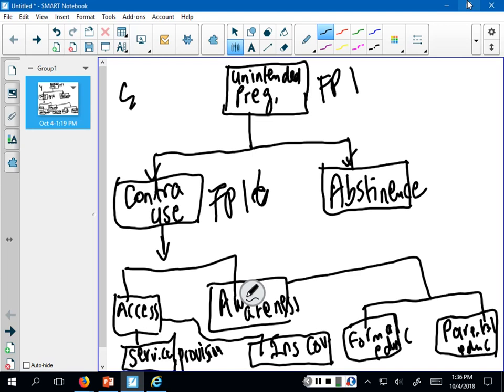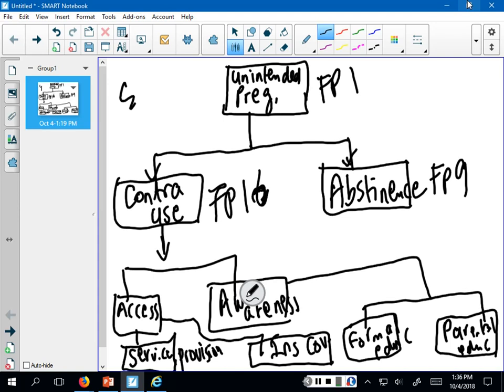Which objective addresses abstinence? FP9. FP9, thank you. Increase the percentage of, and there are actually two of them. One, increase the percentage of adult females. No, I'm sorry, increase the proportion of female adolescents aged 15 to 17 who have never had sexual intercourse.